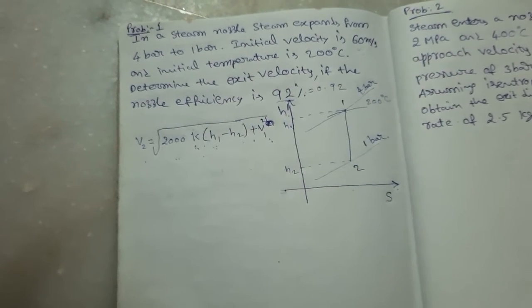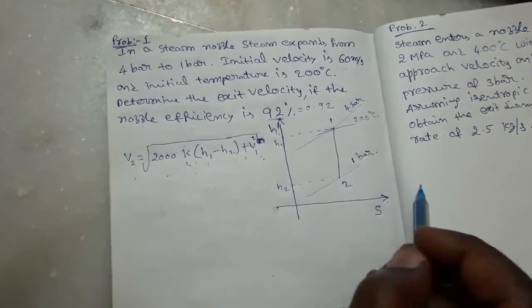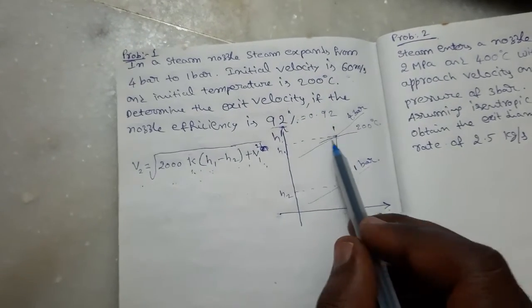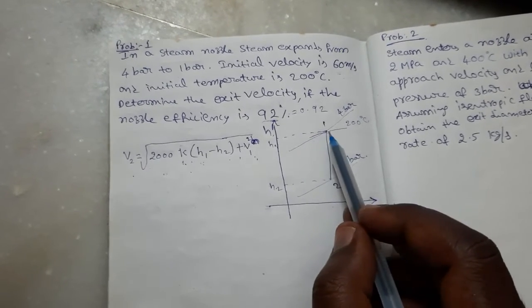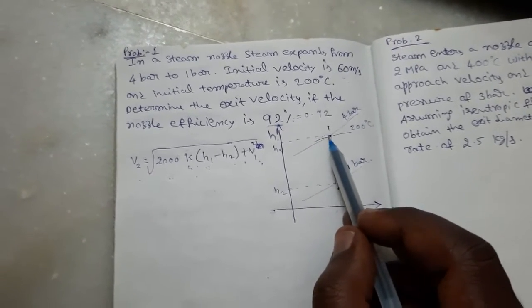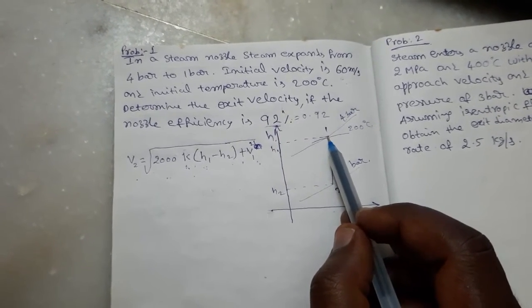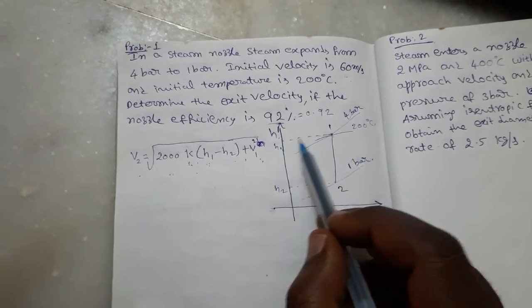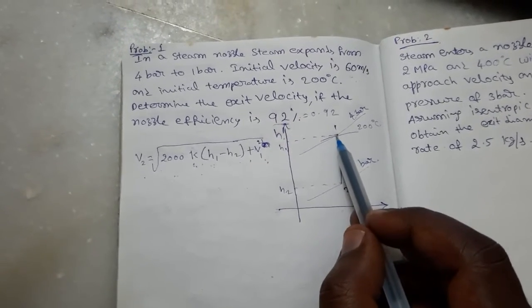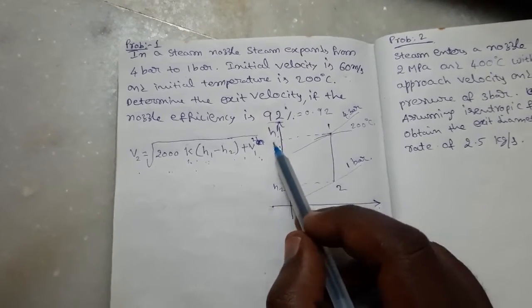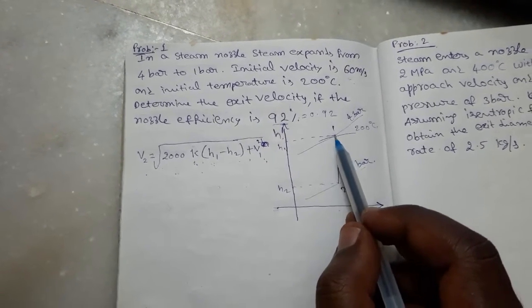In the Mollier diagram, the y-axis is the enthalpy and the x-axis is the entropy. At the 200°C line, wherever the curved line intersects the 4 bar line, that point is state 1. Draw the horizontal line from the intersecting point, that is H1.